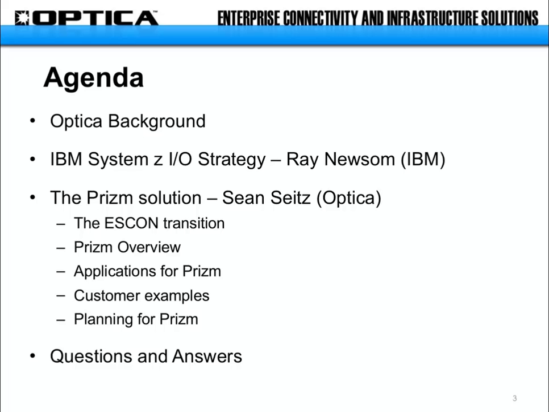We'll review a little bit more information and interesting facts on the ESCON transition. I'll talk specifically, of course, about the Prism solution itself, the applications for Prism. I'll give you some very specific customer examples and the benefits to those customers. And then we'll talk about how do I plan for Prism? How do I actually go about the planning and implementation of the product? Okay, and then we'll leave some time at the end for Q&A.